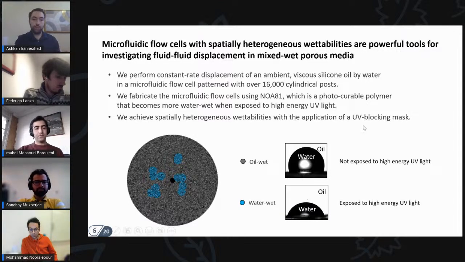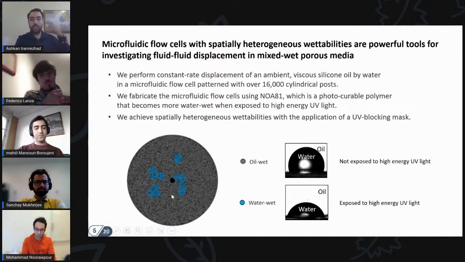We wanted some parts water wet and some others oil wet. So the parts that we wanted to remain oil wet, we blocked, inside the clean room, of course, using a UV blocking mask, and then we exposed it to high energy UV light.